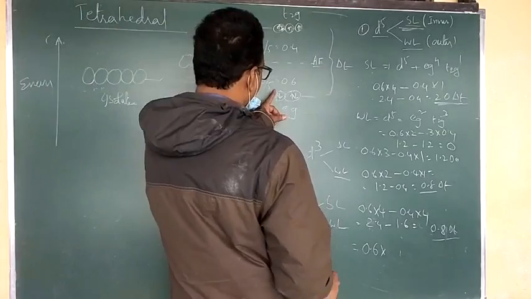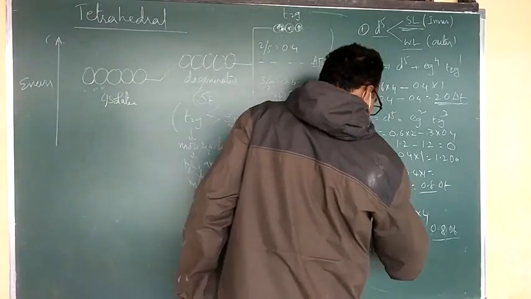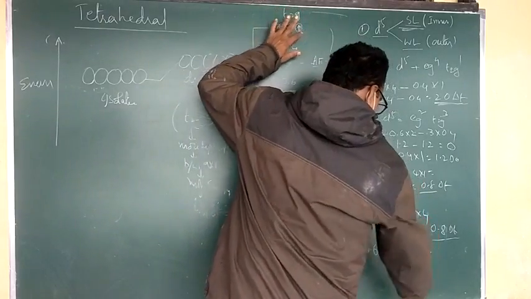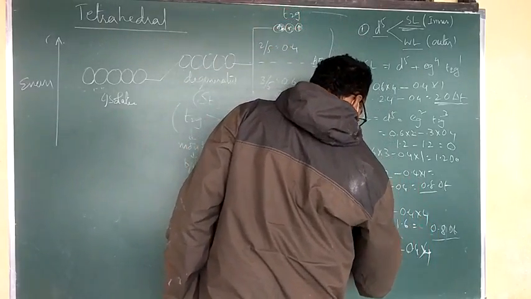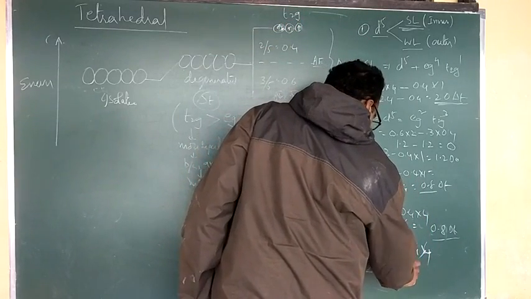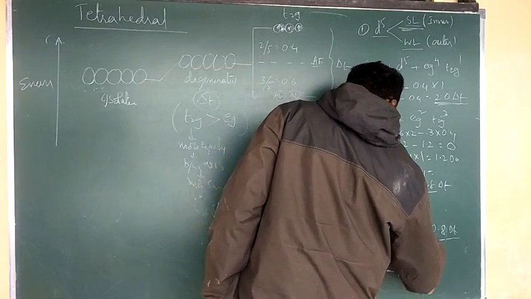Now the answer is 0.6 into 4 minus 0.4 into the number of unpaired electrons, so 4. Therefore 2.4 minus 1.6. So what is the answer?